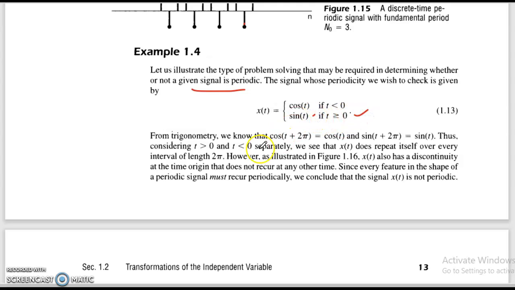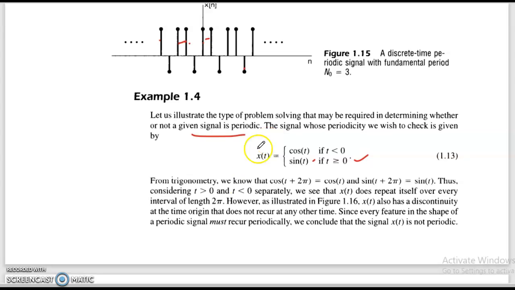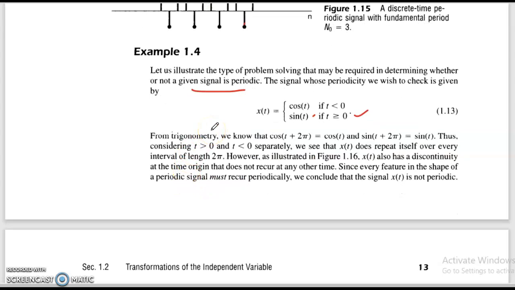From trigonometry, we know that cos of t plus 2 pi equals cos t, and sin of t plus 2 pi is sin t.